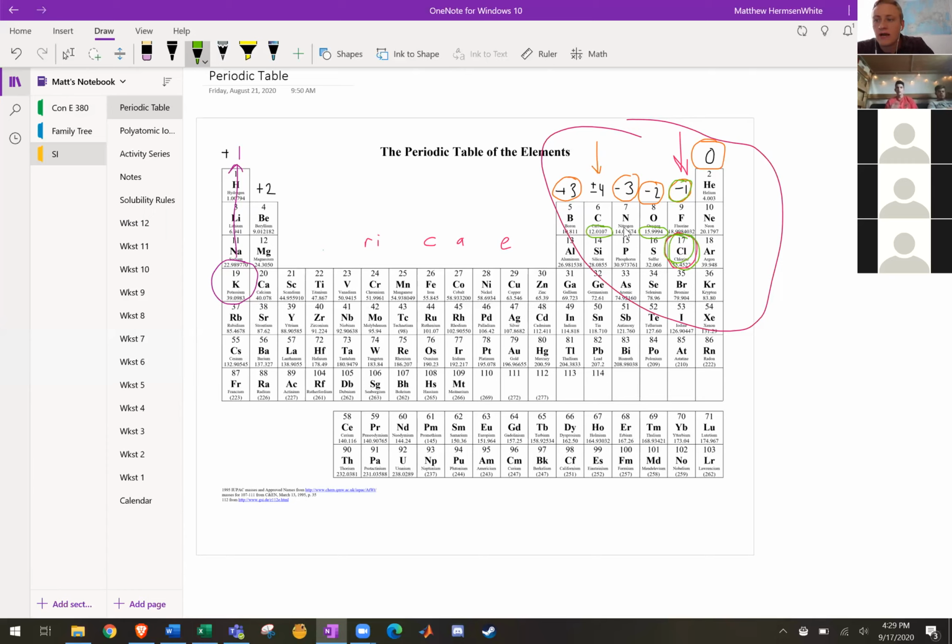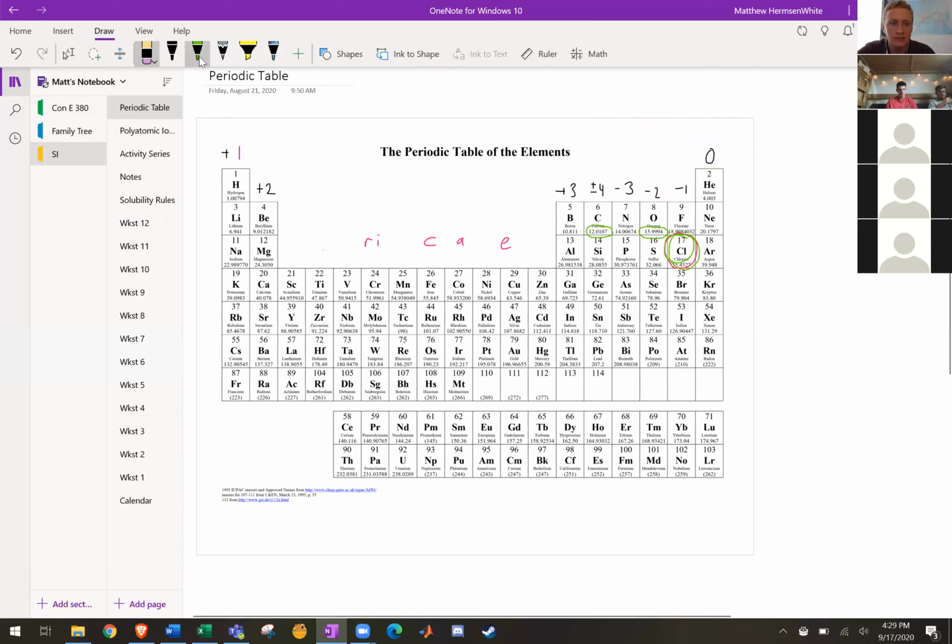Now the question might arise, why did I do chlorine, not carbon? A general rule of thumb that I would give you is you should start from the columns that are on the outside of the periodic table and move your way in. Here's what I mean by that. You should start at column 1 and work your way in this way, and start at column -1 and work your way in this way.